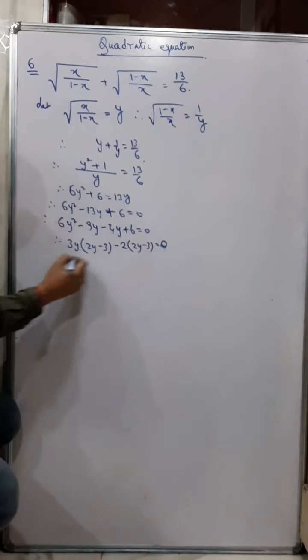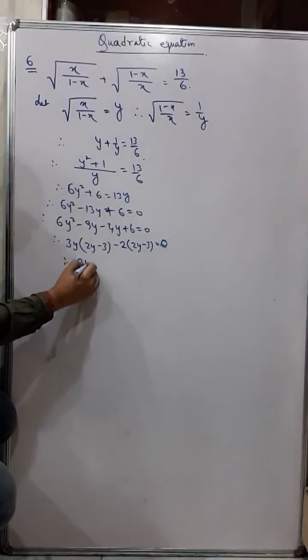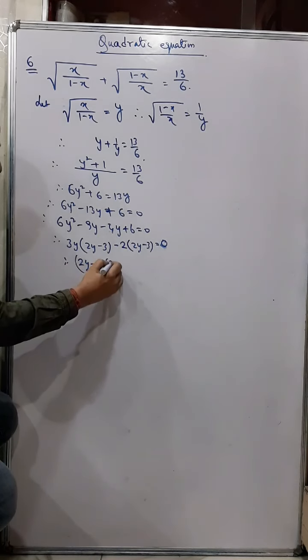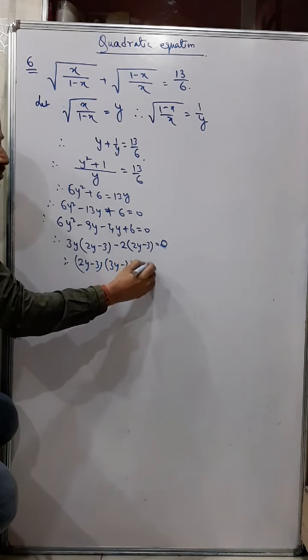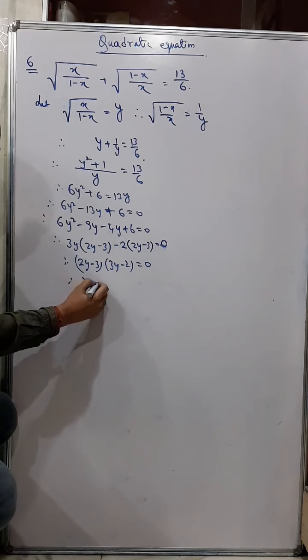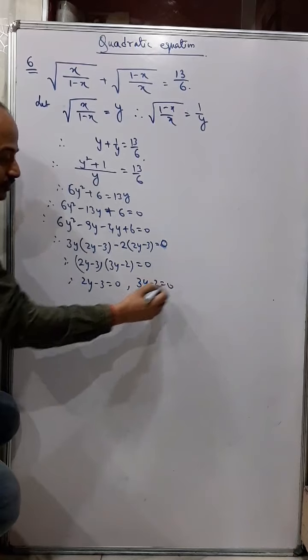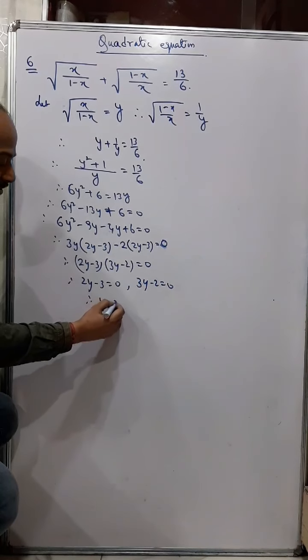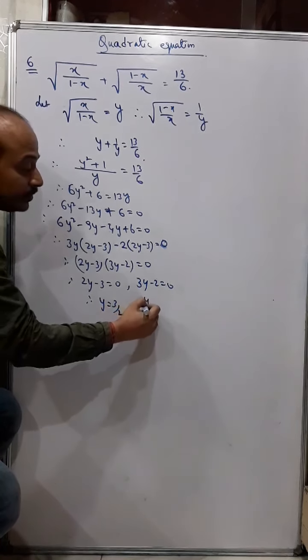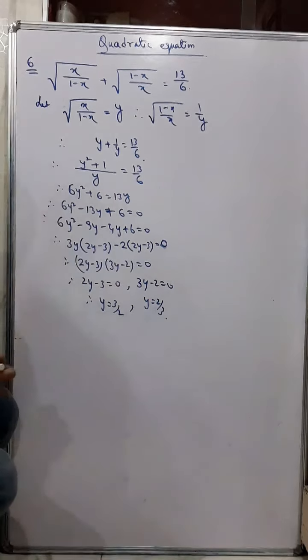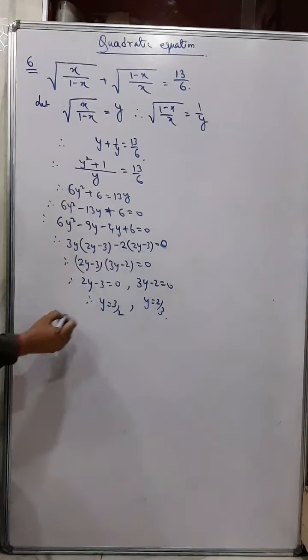So finally we got 2y minus 3 and 3y minus 2 equals to 0. Then 2y minus 3 equals 0 and 3y minus 2 equals 0, and we get y is equal to 3 by 2 and y is equal to 2 by 3.